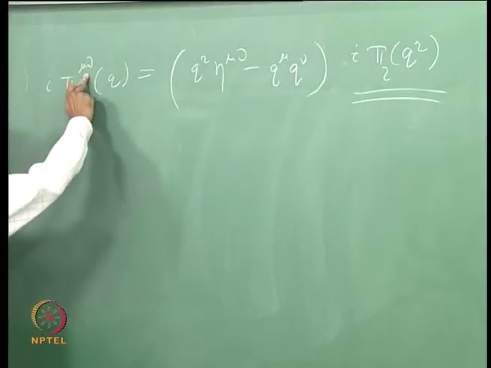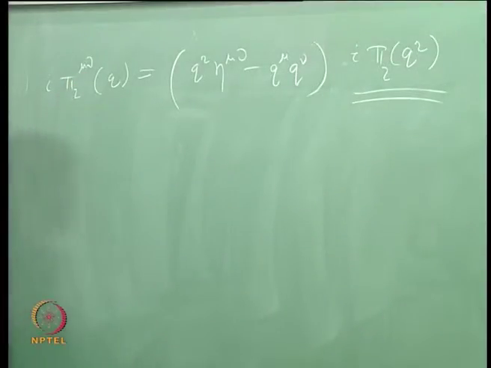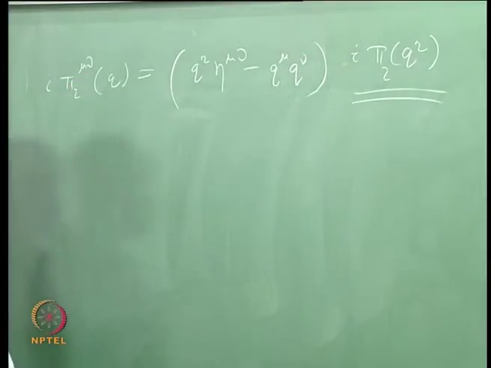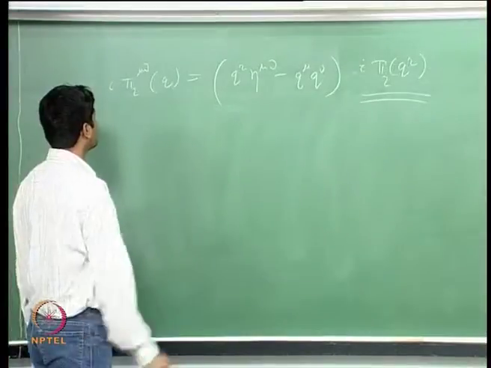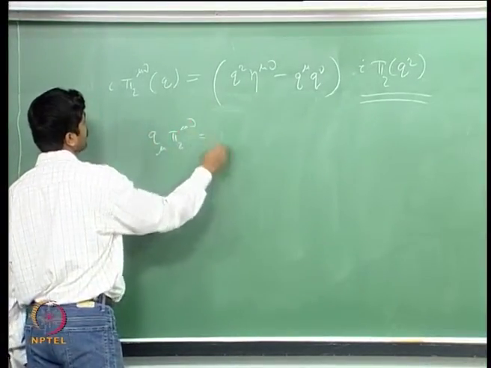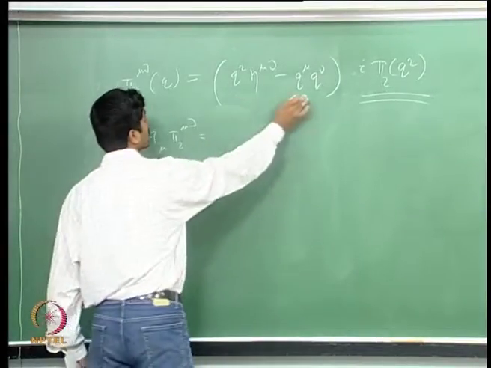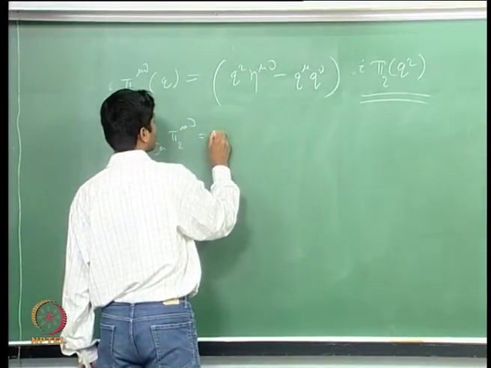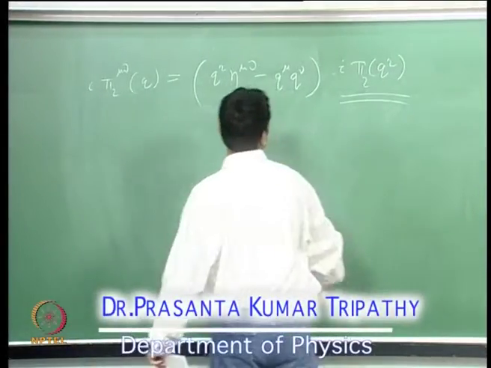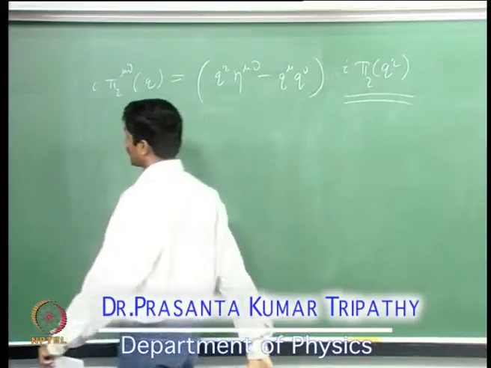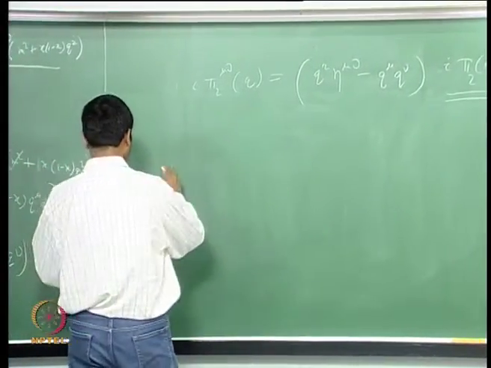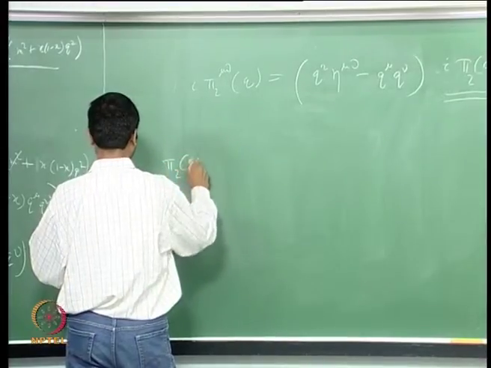So, this is of the form that is required by the Ward identity. Therefore, what we saw by doing dimensional regularization is that this pi 2 mu nu in fact satisfies the Ward identity. If you just take q mu pi 2 mu nu at the second order, because of the presence of this term here, it simply becomes 0. Of course, this piece here is divergent, but it is logarithmically divergent, and then we know what pi 2 of q square is.